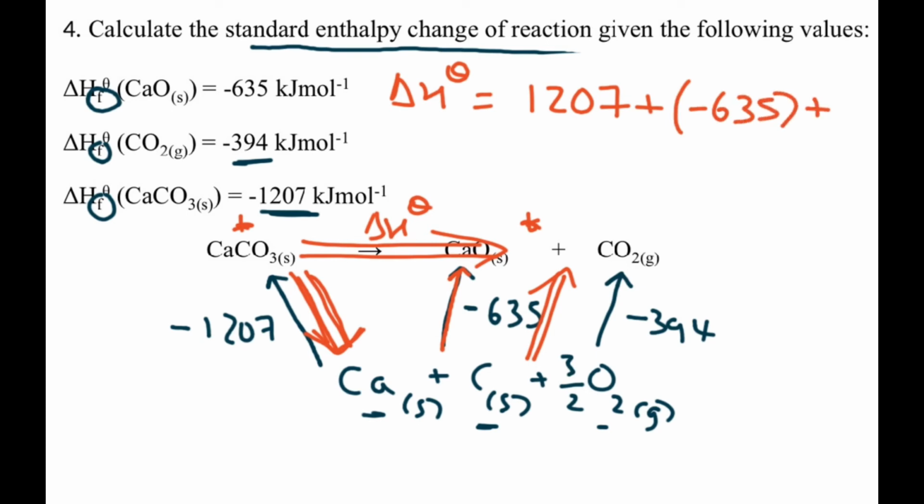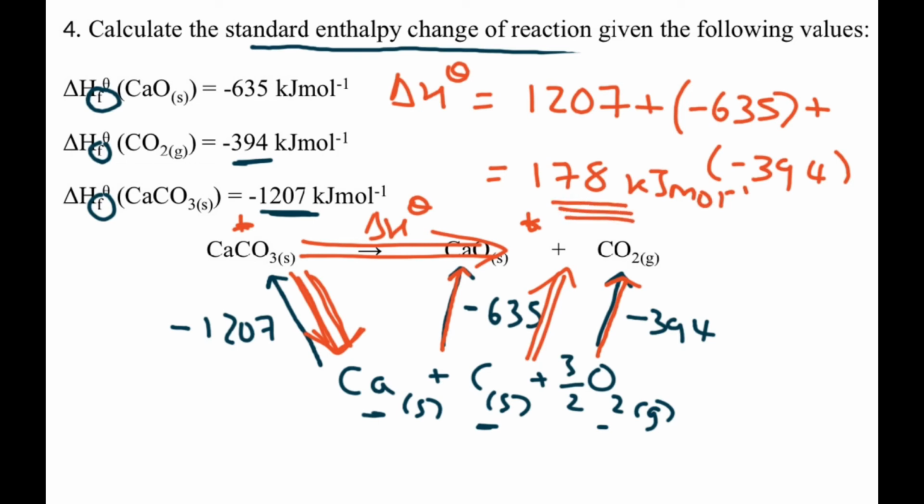And this black arrow is going in the right direction, so we keep the sign, minus 394. When you add all of that up, I hope you're having a go at this as well, it comes to 178 kilojoules per mole, which is your answer.